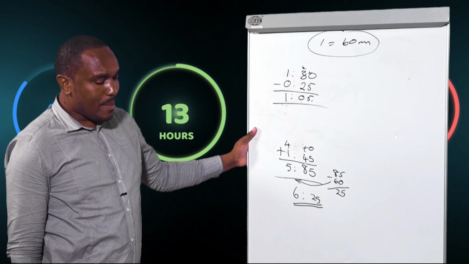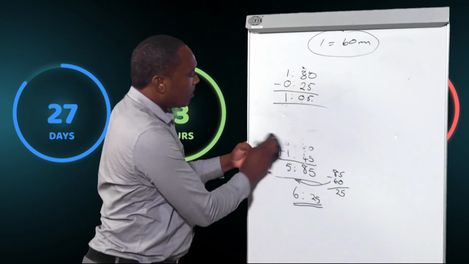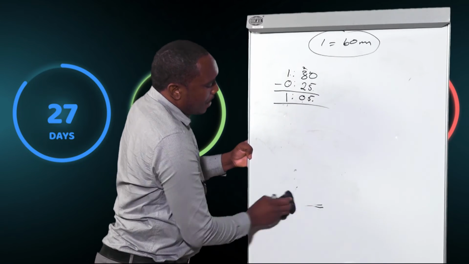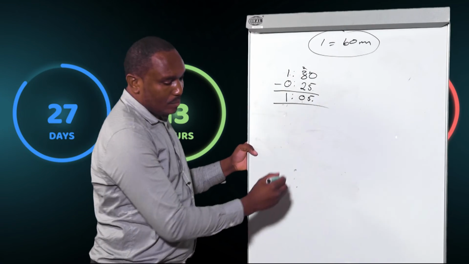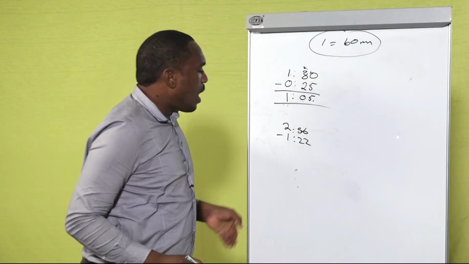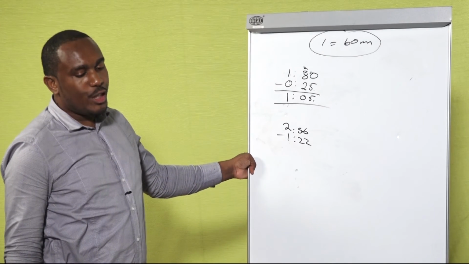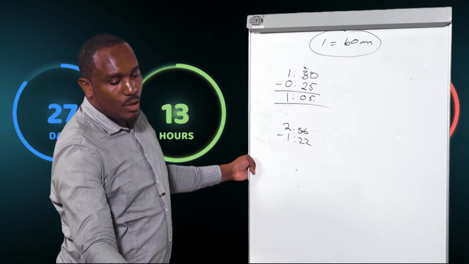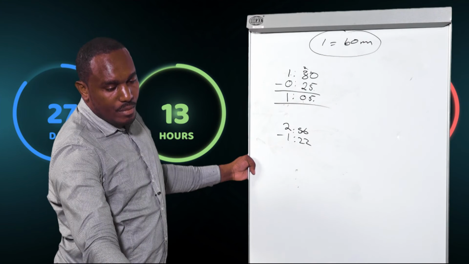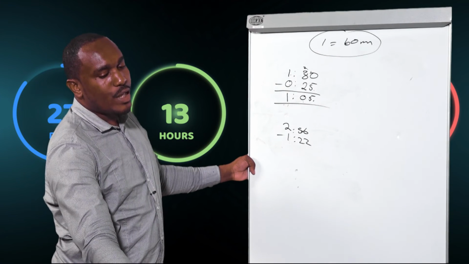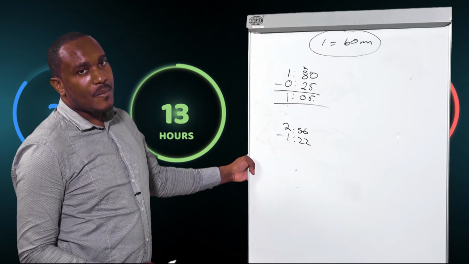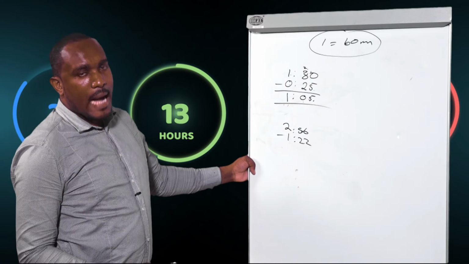Another simple method is 2 hours 56 minutes subtract 1 hour 22 minutes. How do we do it?